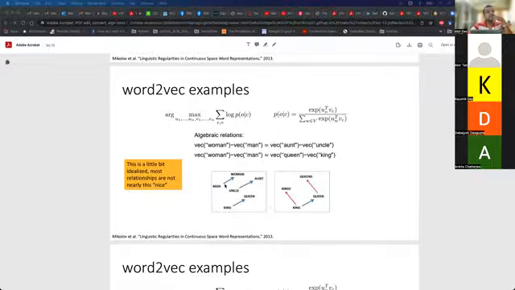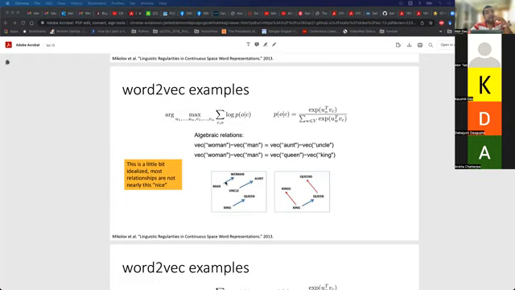So this is the representation of man, and this is the representation of woman. If you subtract the representation of man from woman, you get a vector which in a sense points from man to woman.